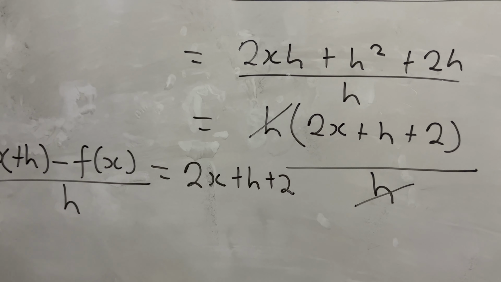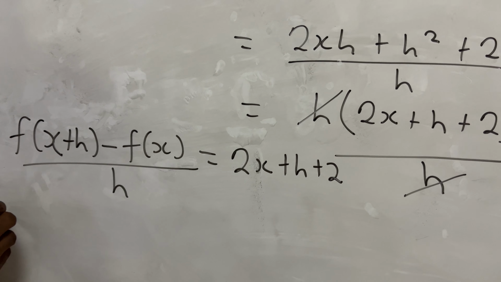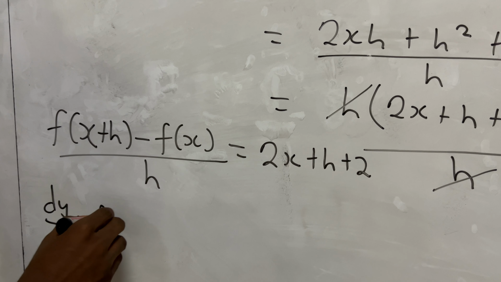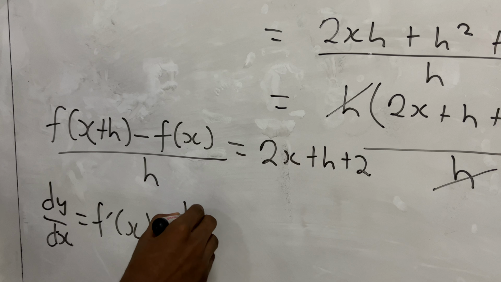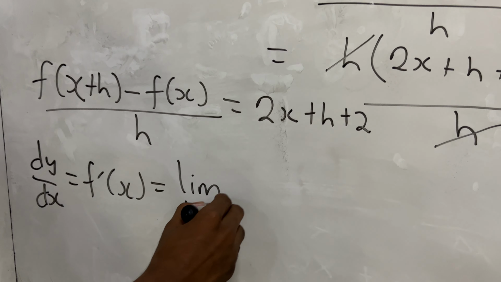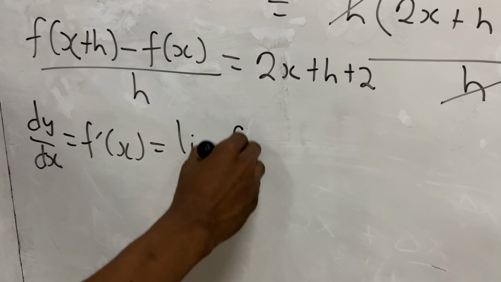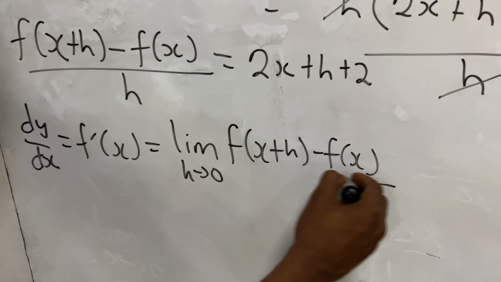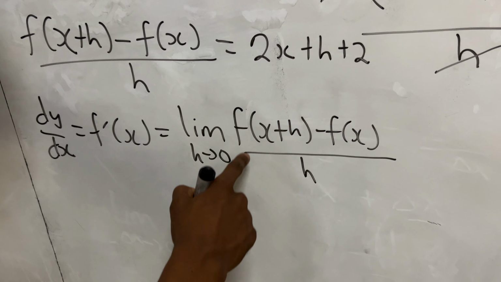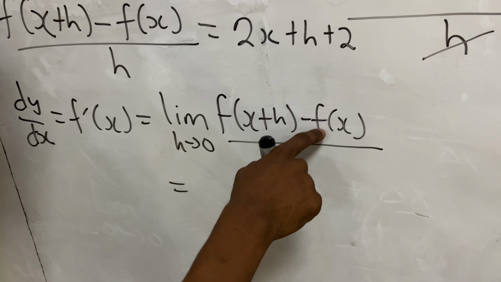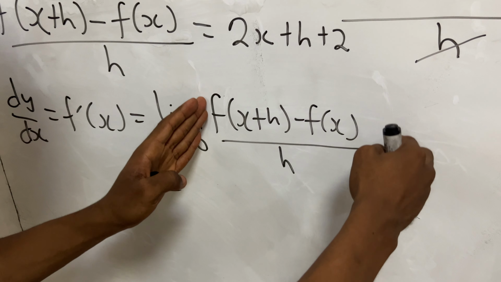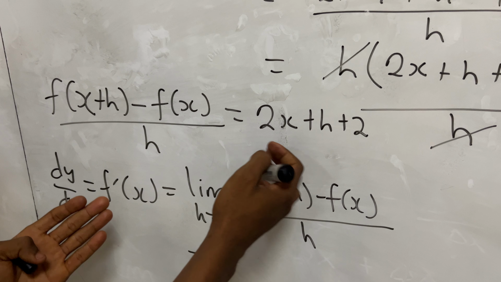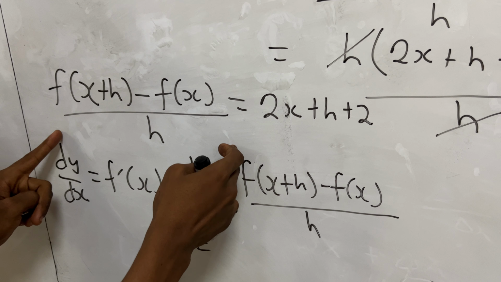Right? So now, when we take the limit, we have that dy over dx is equal to f prime of x, which is the same as the limit as h approaches 0 of f of x plus h minus f of x all over h. The whole of this I've already solved, and I had this, because you can see clearly. So that's the importance of solving for this also.